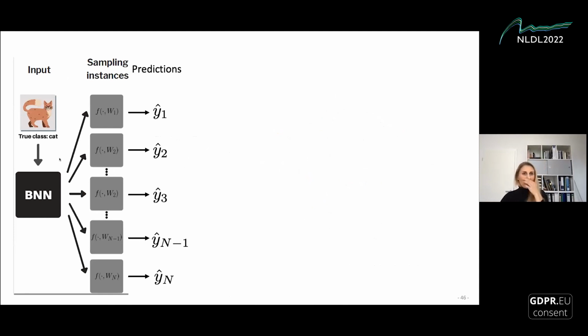Okay, so what can we do now with this? Given some input image of a cat, we feed it into our Bayesian neural network. In order to get a prediction, we sample several times. So we sample here n times a new network, okay?